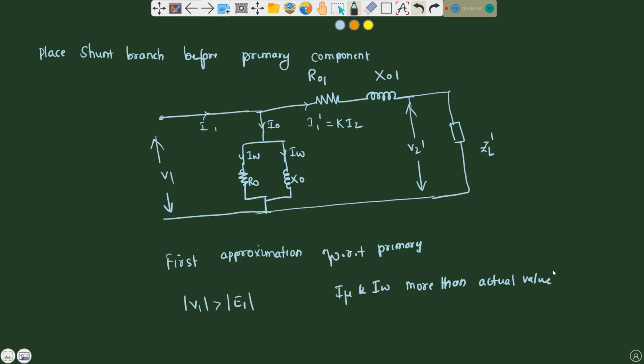So iron losses are overestimated, but copper losses, that is PCU, are underestimated.